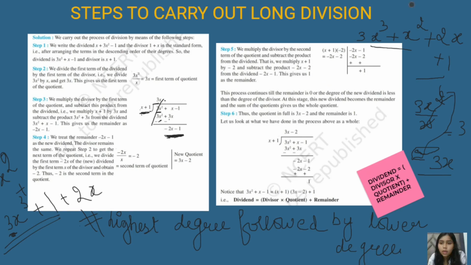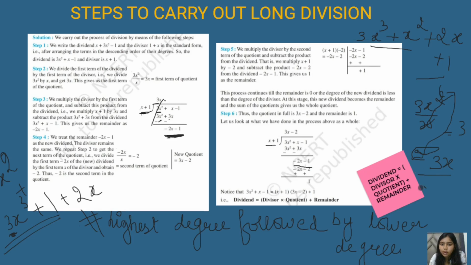Now we multiply this divisor by the second term of the quotient and subtract the product from the dividend. Basically this is the whole process of carrying out the long division. Now this will be your new dividend, and you just have to divide it by this term.